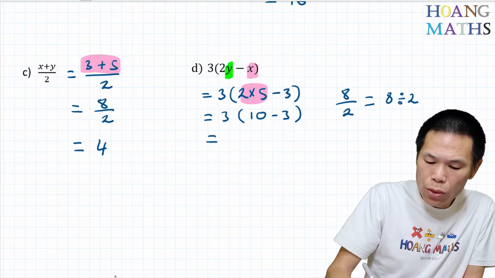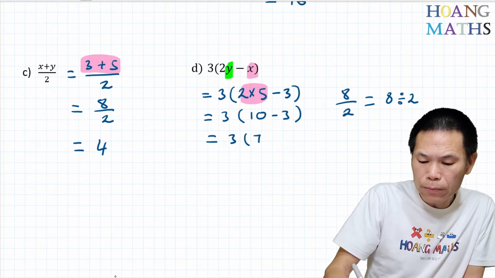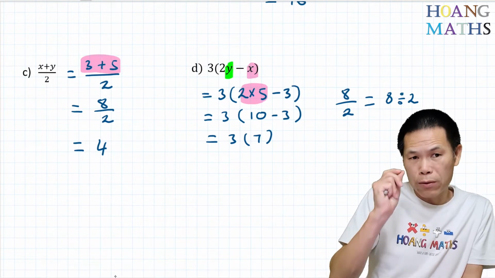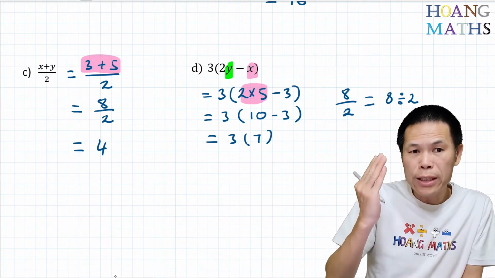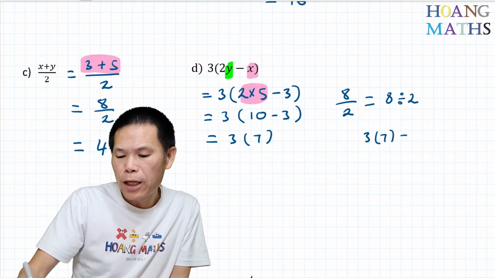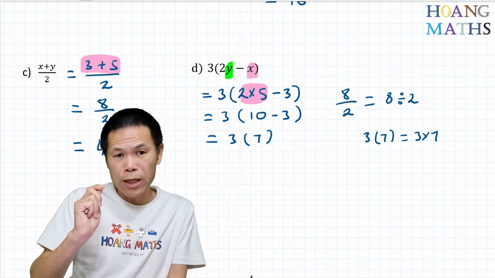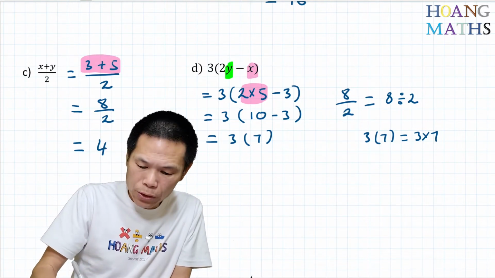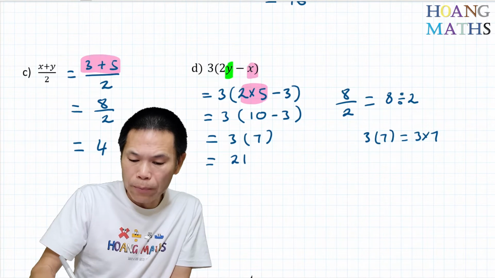So that will give me 3 bracket 7, which means 3 times 7, if you like. And we know that 3 times 7 is 21. So the answer is 21.